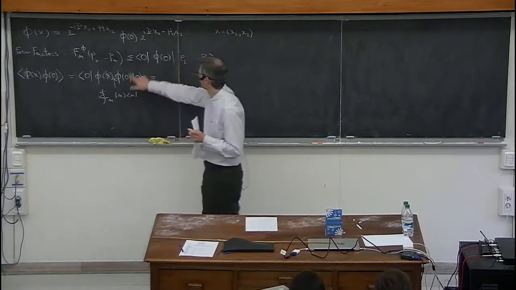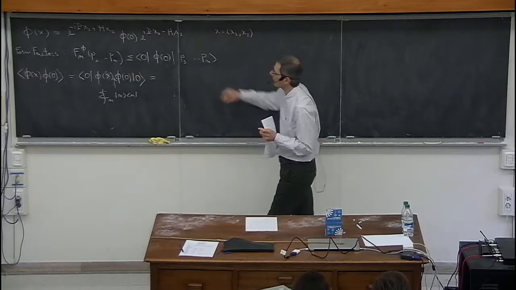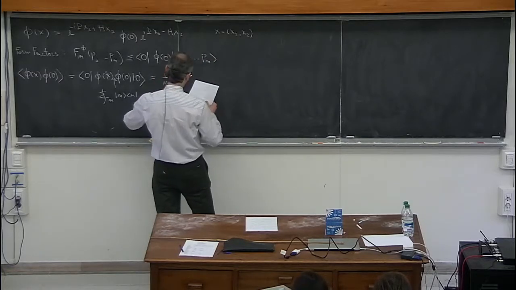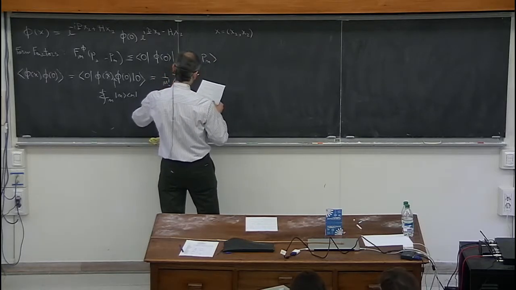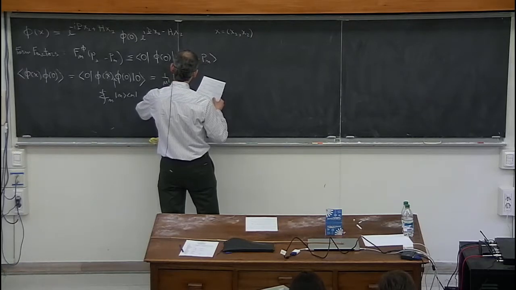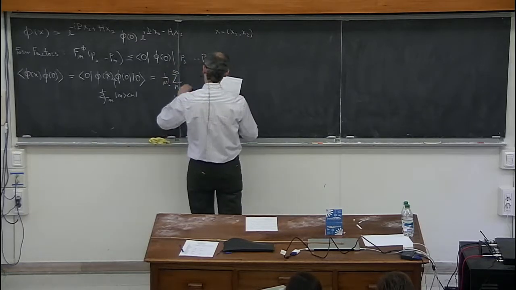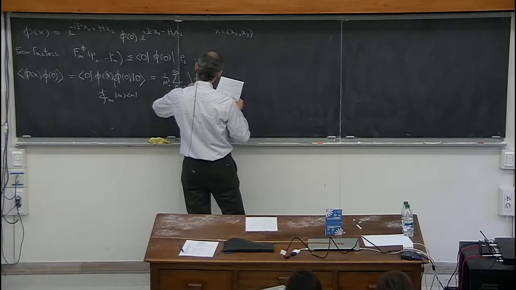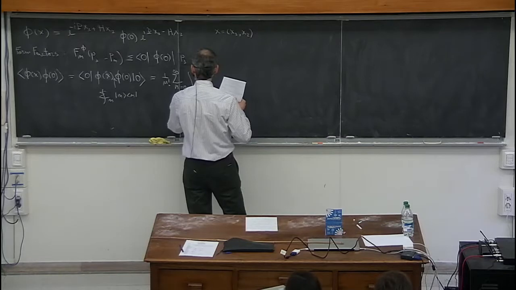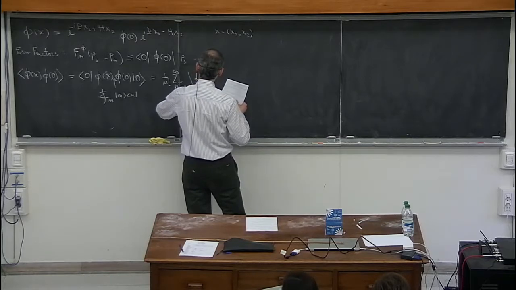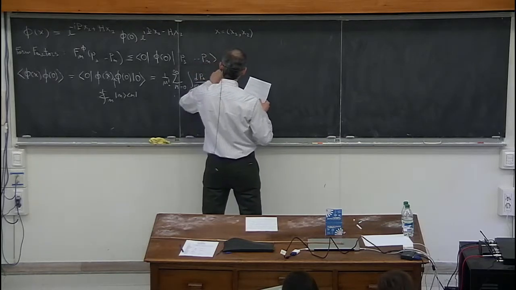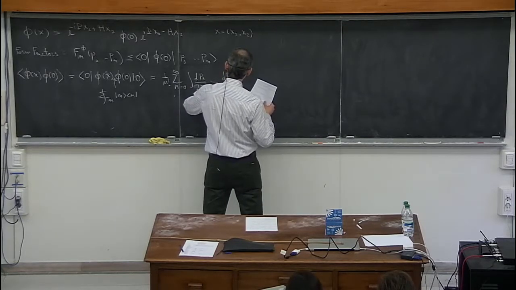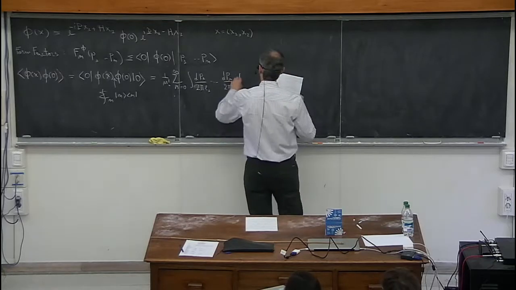So these n particle states are this one here. And so this becomes 1 over n factorial, sum n from 0 to infinity, the integral dP1/2 pi E1, up to dPn/2 pi En, F.